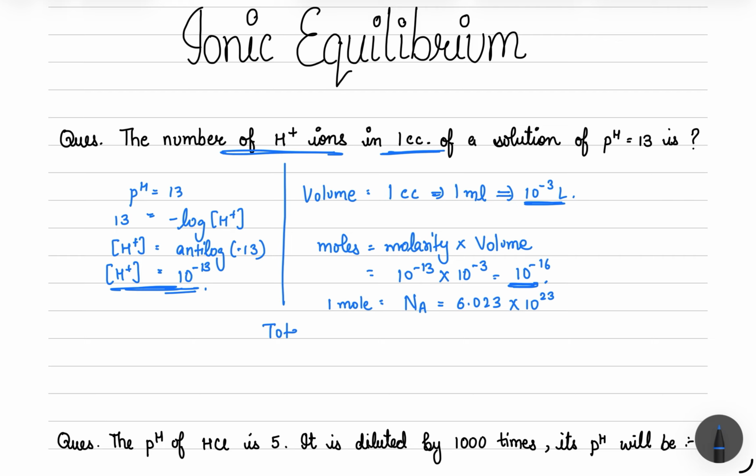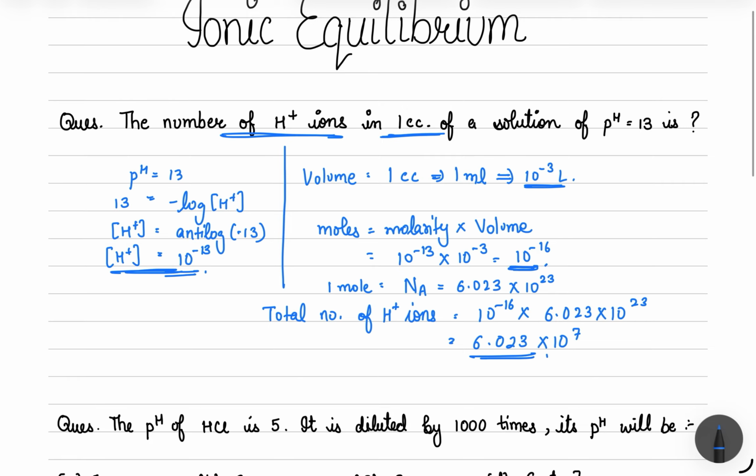So total number of H plus ions in solution will be equal to 10 raised to power minus 16 into 6.023 into 10 raised to power 23. So as you can solve, you will get 6.023 into 10 raised to power 7. So this will be your answer.